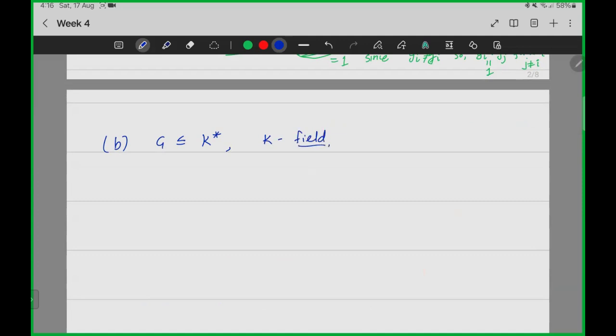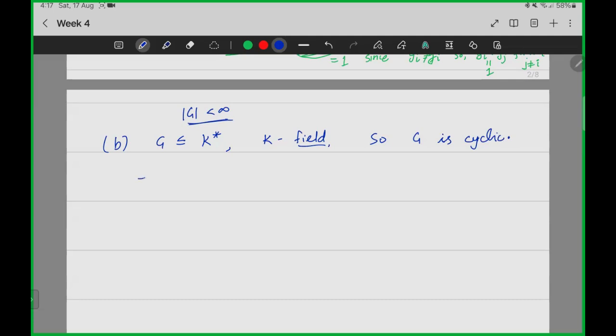We have seen in the classroom, I think, but we will assume that finite subgroups of K star are cyclic. The order of G is anyway finite, it is taken as a universal hypothesis. So G is cyclic.